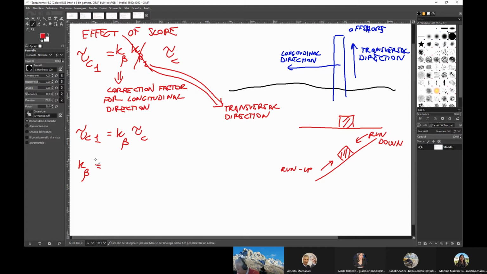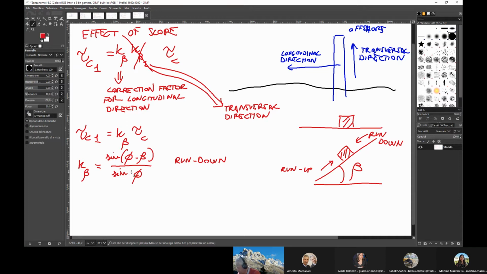Let's write it for the run down. Okay, and this is equivalent to what? It must depend, of course, on beta. Okay, so it can be written in this way: sin of phi, the friction angle, minus beta, divided by sin phi.